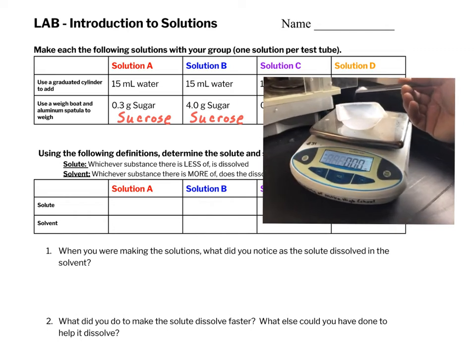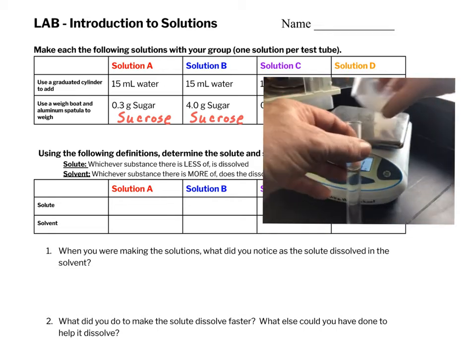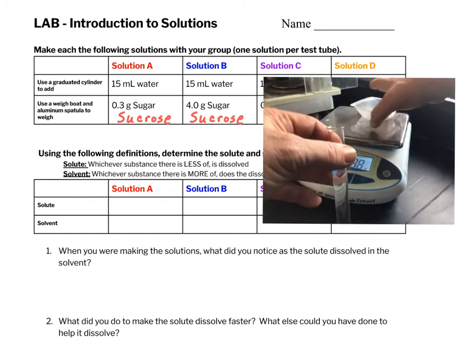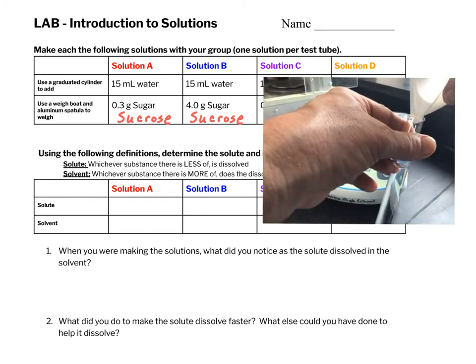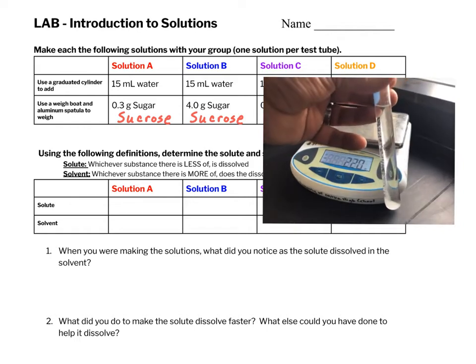That is not a lot. There we go. 0.31, 0.32, good enough. Next we have to add that to the first test tube. We'll take our weighing board here and pour it right in. Right there's solution A.